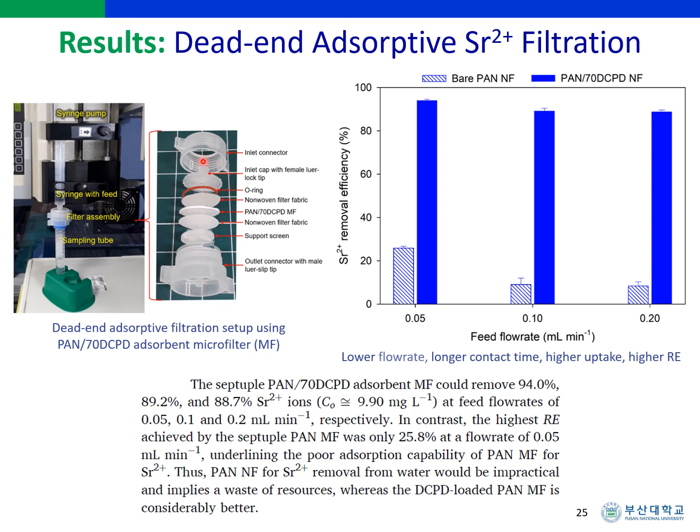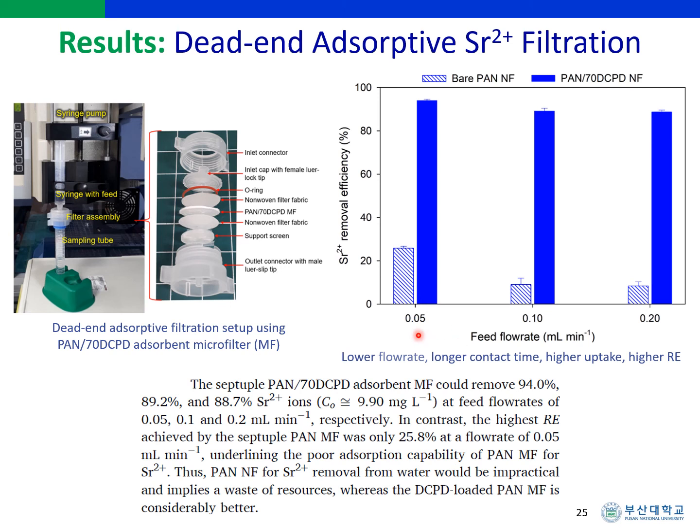After maximizing its capacity, the membrane filter holder was filled with septuple circular PAN 70 DCPD microfilters, through which the aqueous strontium feed solution passed. The adsorptive rejection performance of the composite PAN adsorbent microfilter was compared with that of the pure septuple PAN microfilter.